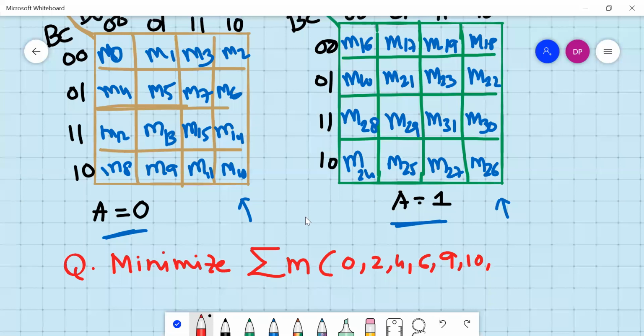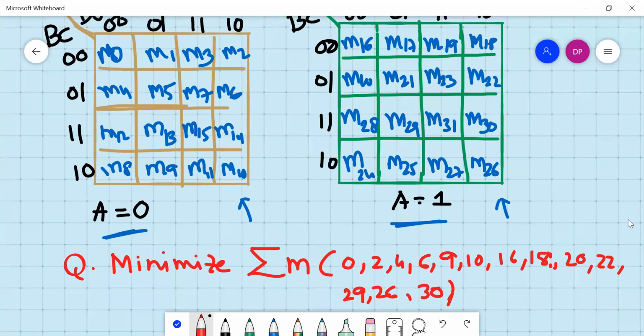Then here 16, I'm writing randomly 16, then 18, 20, 22, 30, 26, 29. This much.